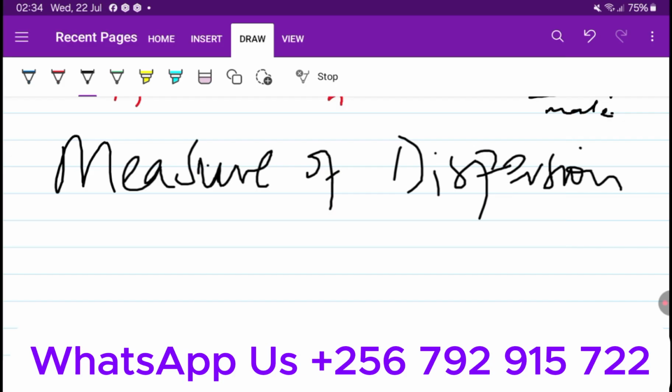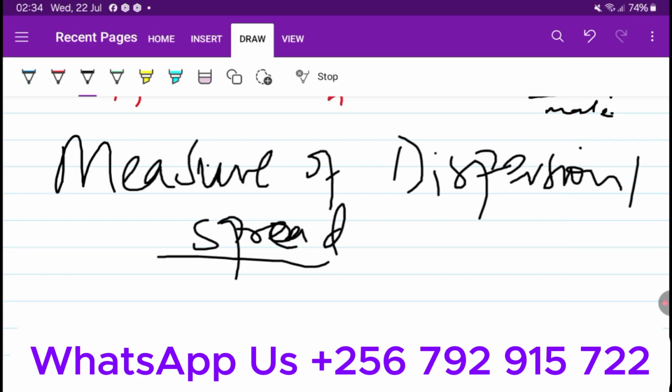They don't call it dispersion, they call it spread. In other words, here is where we are going to look at things to do with variances, maybe the coefficients, the covariance.